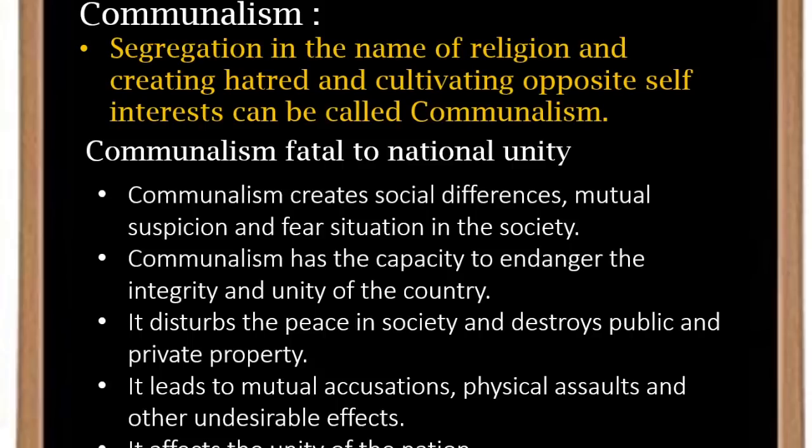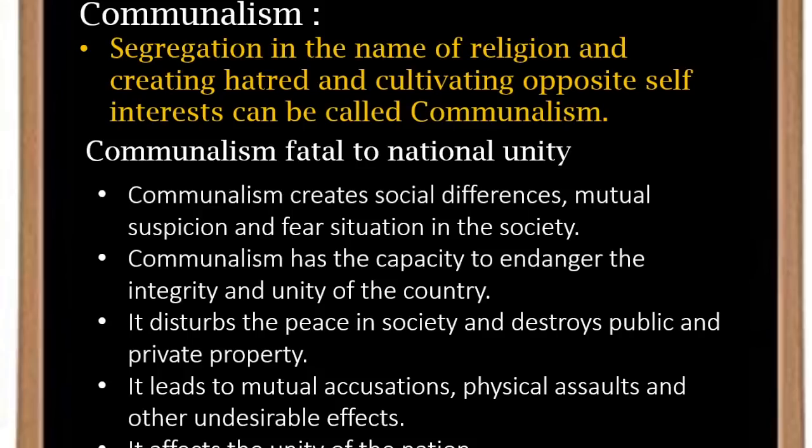Communalism is fatal to national unity. The existence of communalism is very dangerous to the unity and integrity of the nation. Therefore, communalism is very fatal, very dangerous to national unity. How? How is communalism very fatal, very dangerous to the national unity?